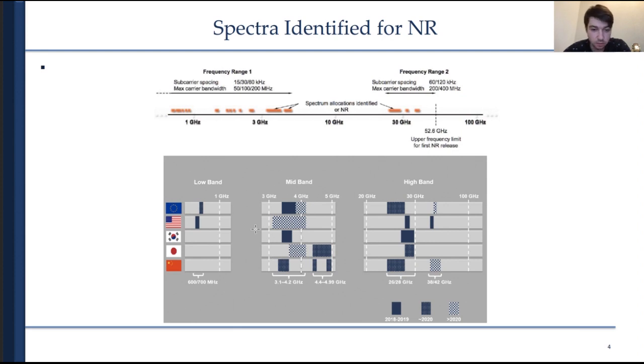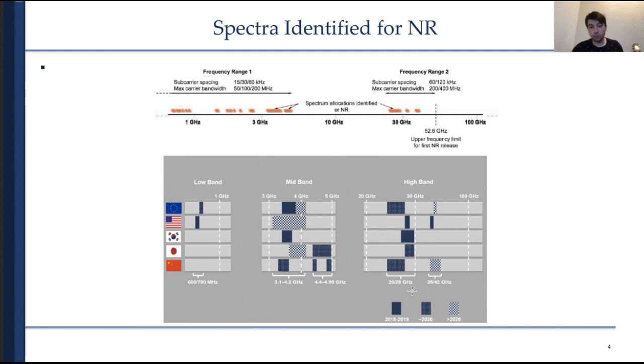The major frequency that is expected to be used by each 5G vendor would be from 3.1 to 4.2 gigahertz. That's exactly a new band that became available, and the main band that will be used for millimeter wave would be 26 to 28 gigahertz.